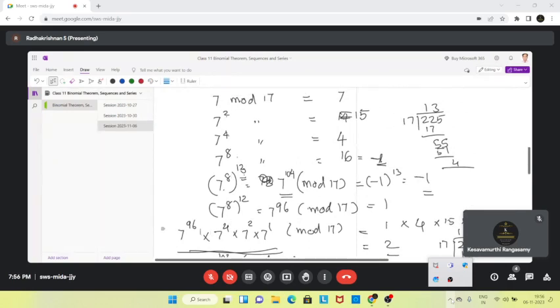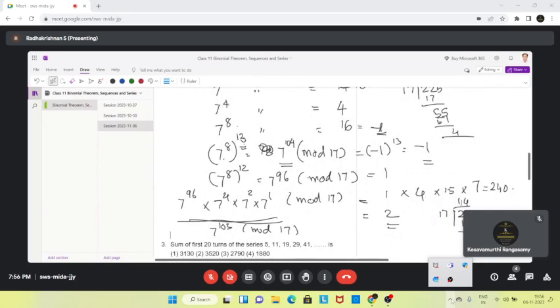I'm just checking. Okay. 7 power 96 is 1. 7 power 4 is 4. 7 square is 15 into 7. No, it's not 240. So 4 into 15 into 7 is 420, right?